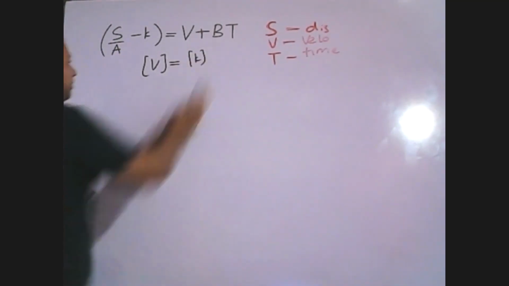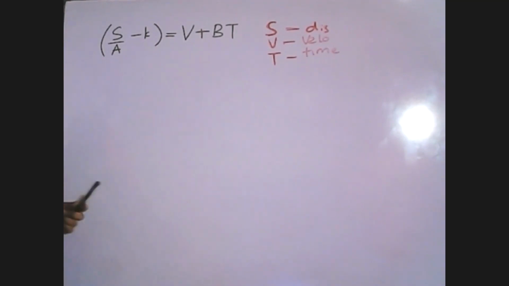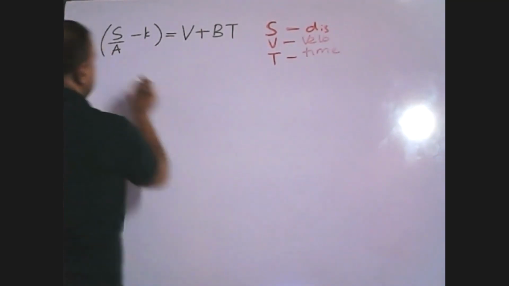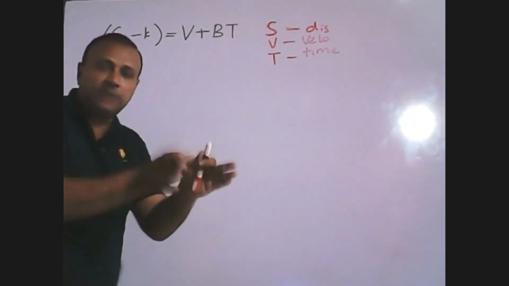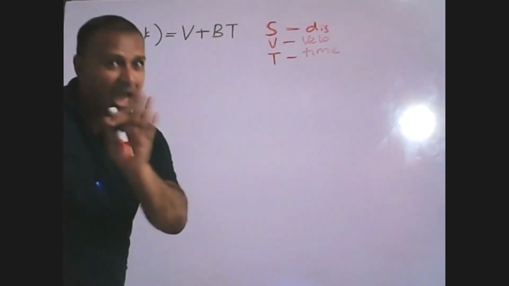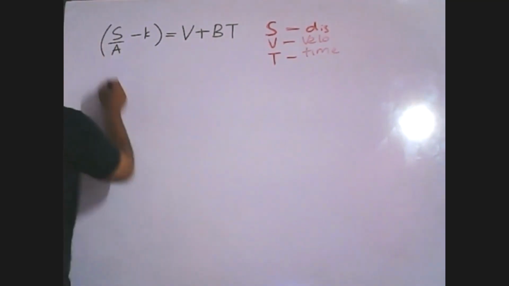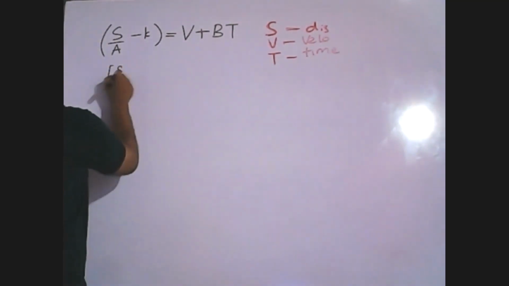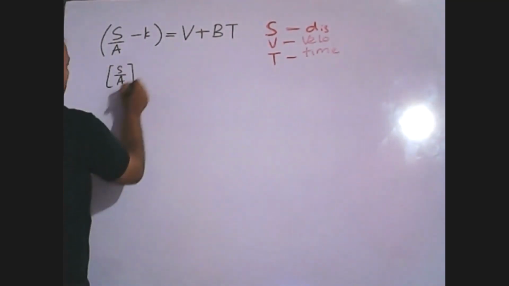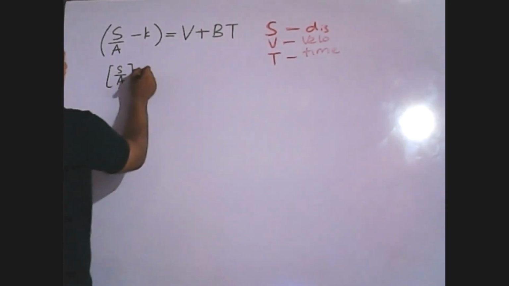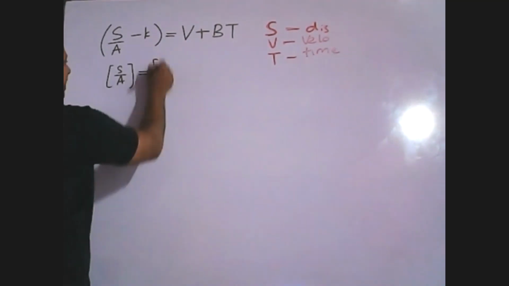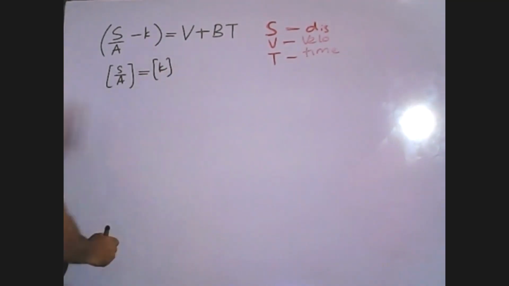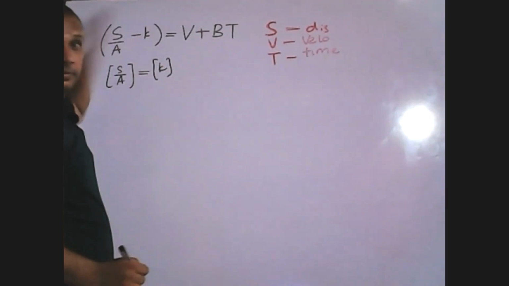We will write this. According to our previous argument, each and every term of this equation should have the same dimension. So the dimension of S over A should be equal to the dimension of K. Those are terms, no?